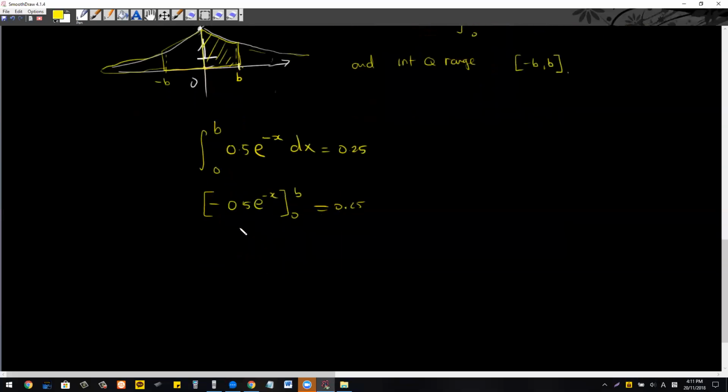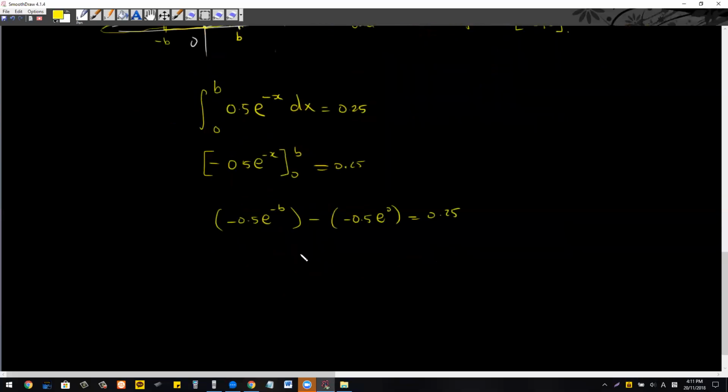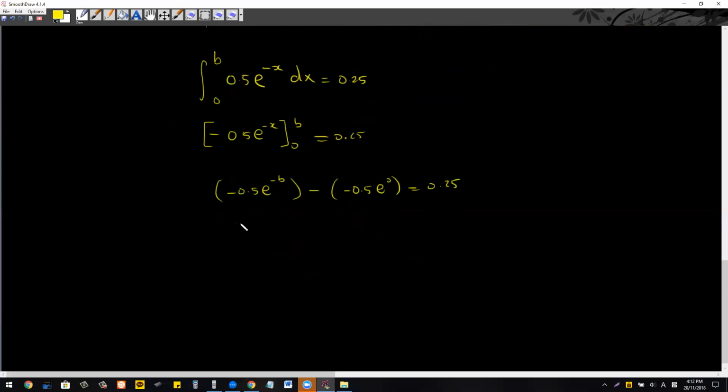So plug in b there, plug in 0 there: you get negative 0.5 e to the negative b, minus negative 0.5 e to the power of 0, is equal to 0.25. This one here is negative 0.5 over e^b, plus 0.5, equals 0.25, right?